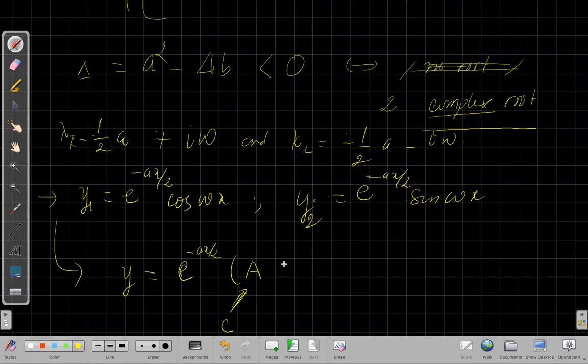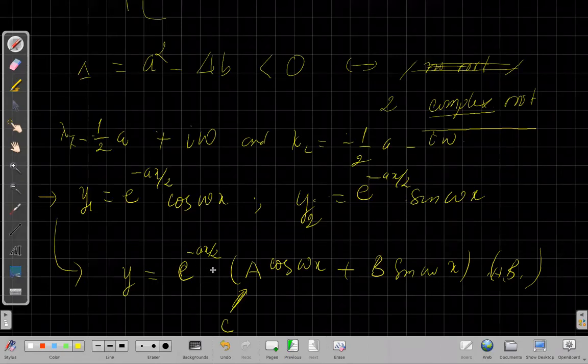However, in this case we use A cosine omega x plus B sine omega x, with A and B arbitrary. So this one is similar. If we have the initial values, we can easily find the values of A and B for a specific solution.